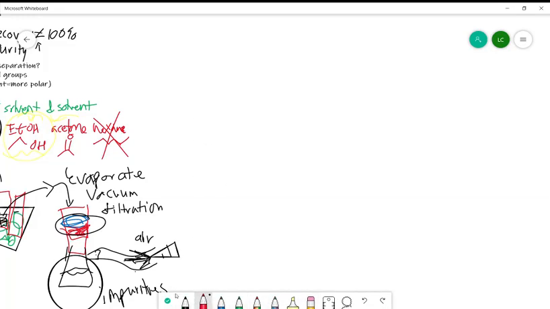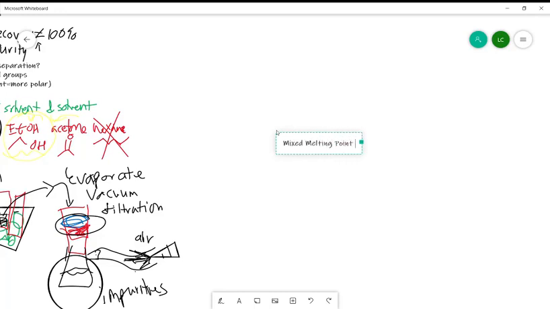Essentially, for mixed melting point analysis, or just any type of melting point, it doesn't really matter here. You know that the MP, the melting point, should be a range, so you'll usually report it as a range.